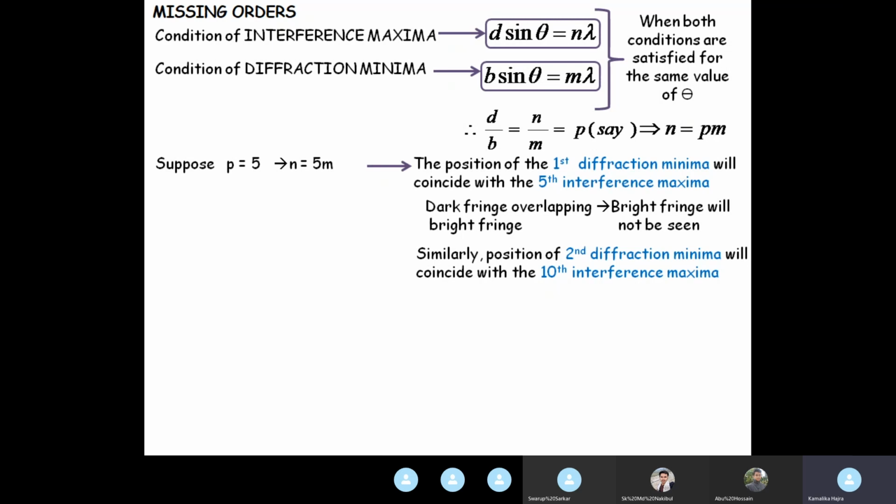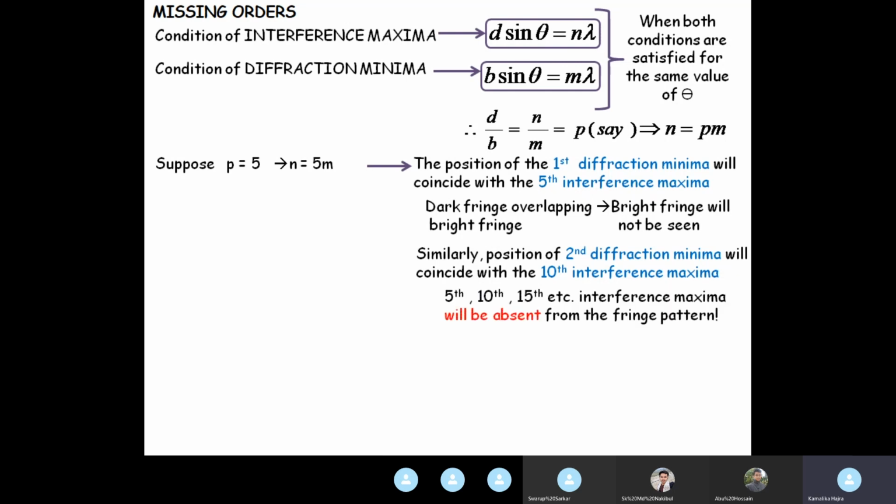So again, the second diffraction dark fringe will overlap the 10th interference bright fringe. And once again, the 10th interference bright fringe will not be seen. You will not be able to observe the 10th interference bright fringe because it has been overlapped by the second diffraction dark fringe. And in this manner, therefore, the mth diffraction minima will overlap the 5mth interference maxima.